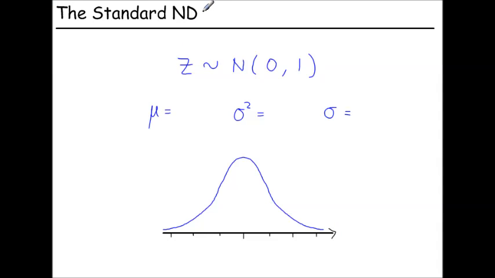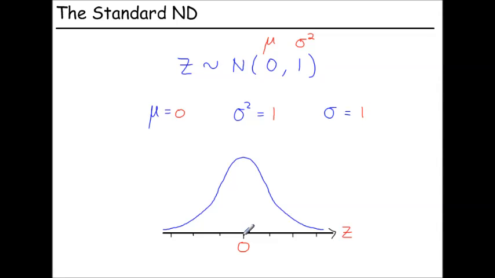The standard normal distribution is represented by the random variable z, and it has a mean of 0. So there's the mean right in the center, and z goes along here, and it has a variance of 1, and if we square root 1, we get the standard deviation, which is also 1.